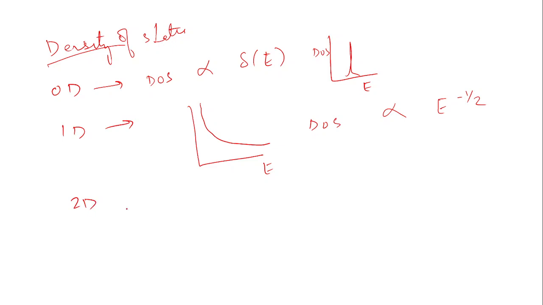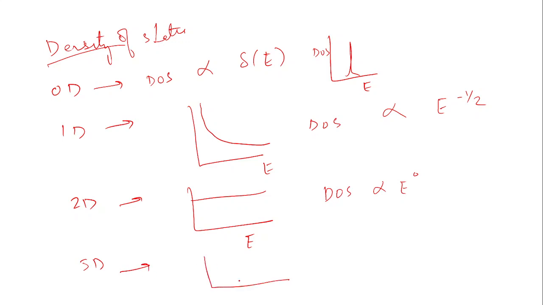For 2D, density of state is independent of energy. And for 3D, when we derive, we see that the graph goes like a parabola. So this is the density of state in 3D. This was about density of states.